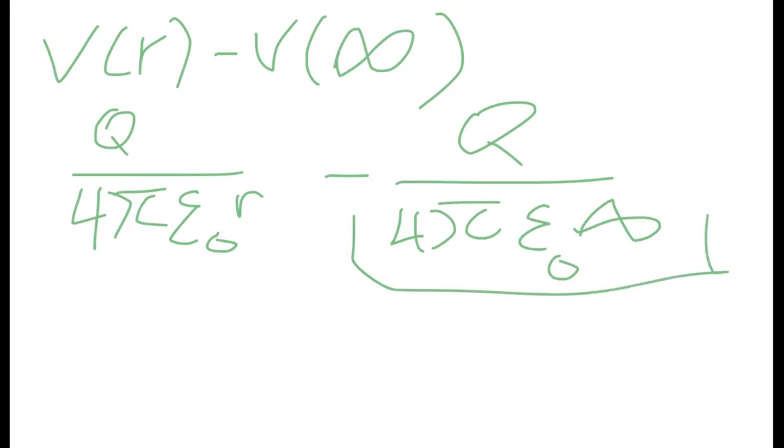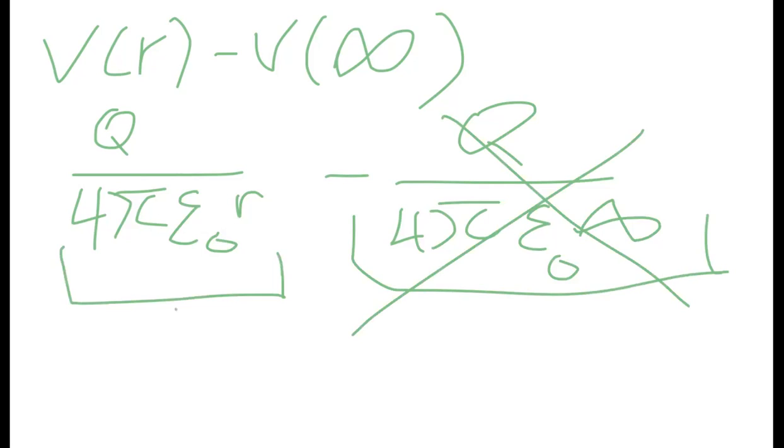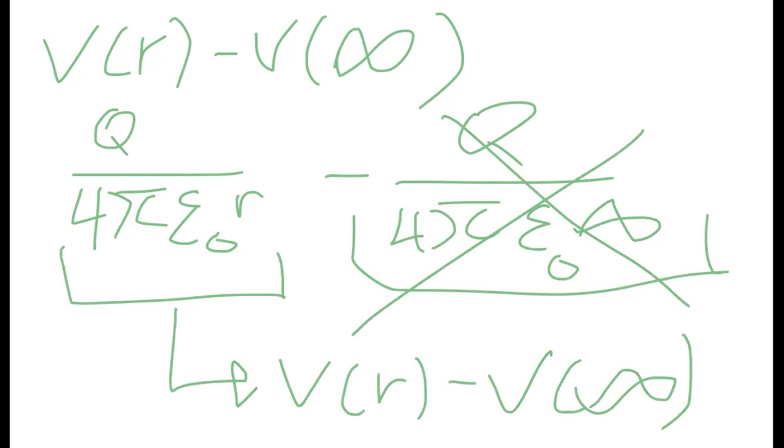So what happens when you divide by infinity? Yeah, so we can actually just kill that term, get rid of it. It's gone. And we're left with this expression, equals V at R minus V at infinity. Then we're left with one final question. So what's V infinity?